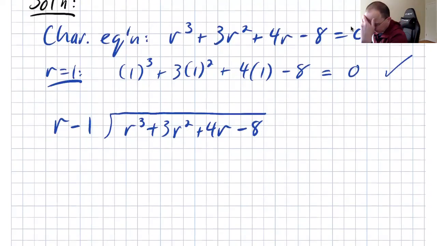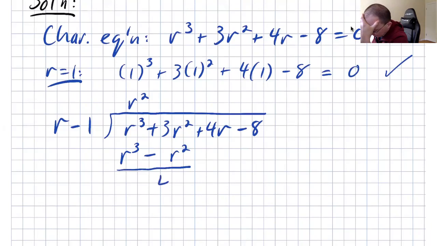So let's do this long division. I need to do r squared times r minus 1 to get an r cubed. So this will give me r cubed minus r squared. And then we subtract that, and that will give us 4r squared. And then bring this term down.